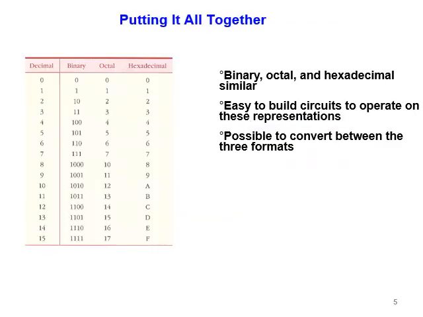Now this is a comparison between the 4 systems: decimal, binary, octal, hexadecimal. As you can see here, decimal 0, 1, 2, 3, 4, 5, 6, 7, 8, 9, and then we start 10, 11, and so on. What about binary? 0. Then we start with 1, with 2. 2 is equivalent to 1, 0. 3, 1, 1. 4, 1, 0, 0. 5, 1, 0, 1. Okay?